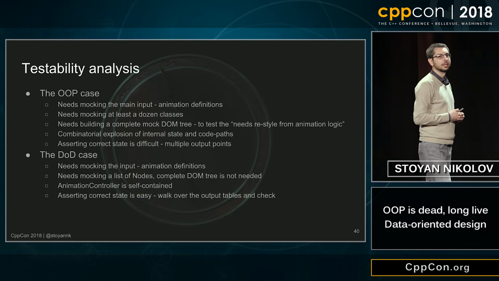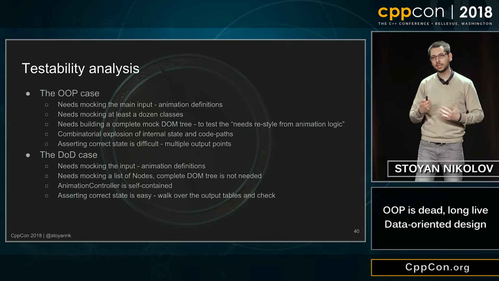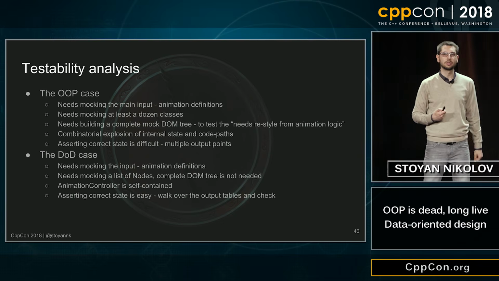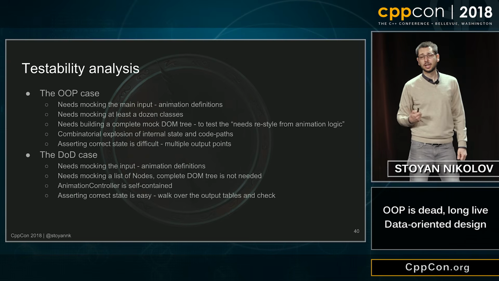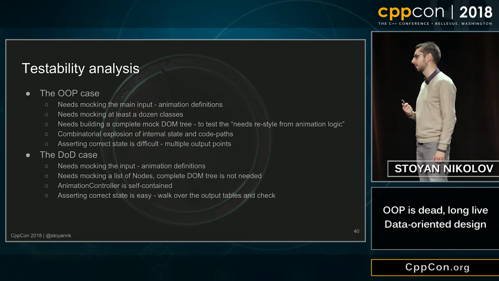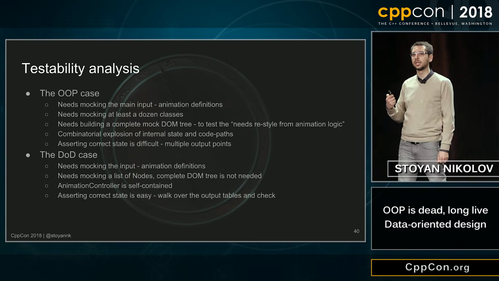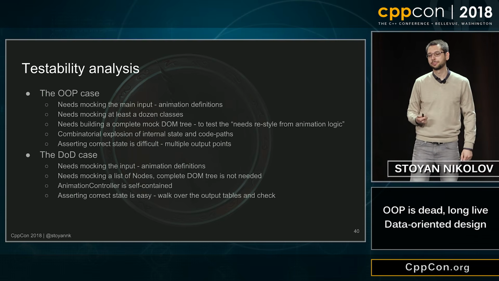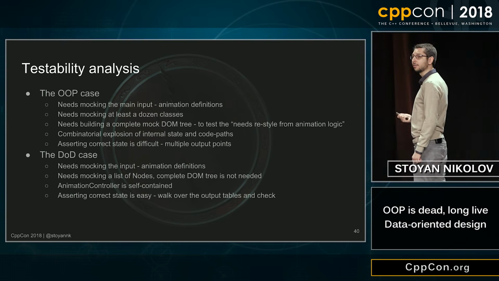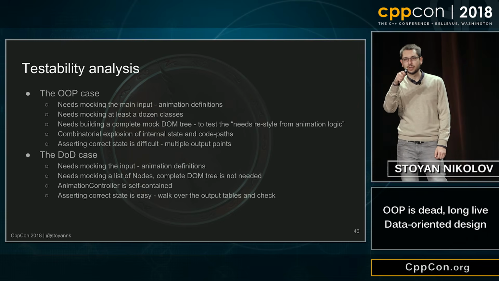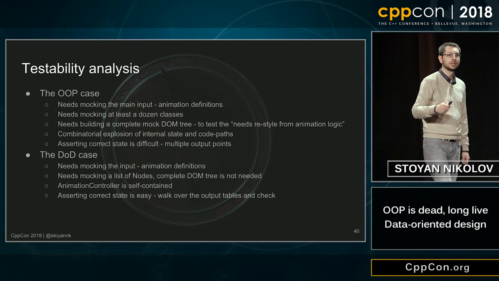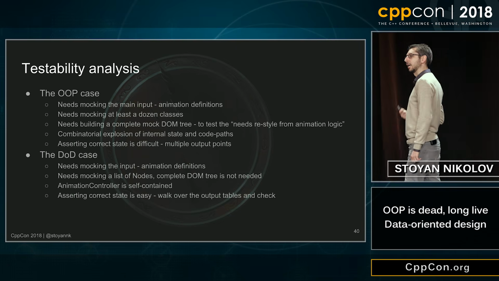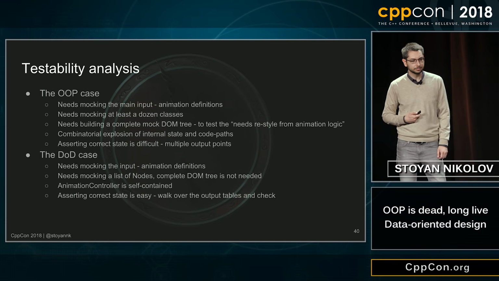What about testability? Well, again, with the object-oriented case, it looks, well, difficult. I wouldn't be the one that writes unit tests for all this, because I would have to mock a lot of things, for instance, the events, the document object model, just to test my animation system. Moreover, I have a lot of hidden states, so a lot of ifs and elses and so on. So if I want to cover all of them, I have this combinatorial explosion of tests that I would have to do.